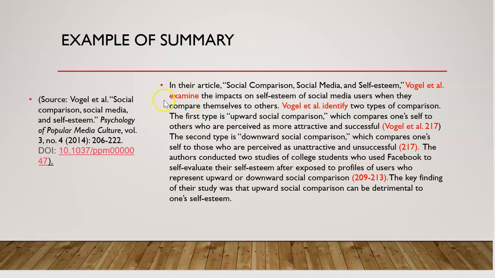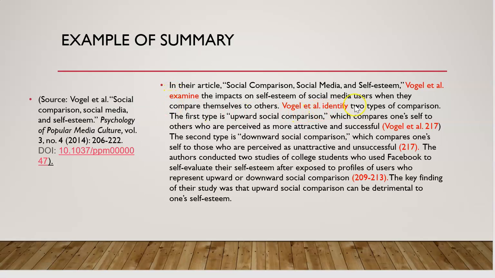And here I've basically included that information in my first sentence. So in their article, I give the title, give the authors' names, and what they are studying or examining in their article. So in this case, it's how are social media users impacted in terms of their self-esteem when they compare themselves to others. So that's what these authors were studying.